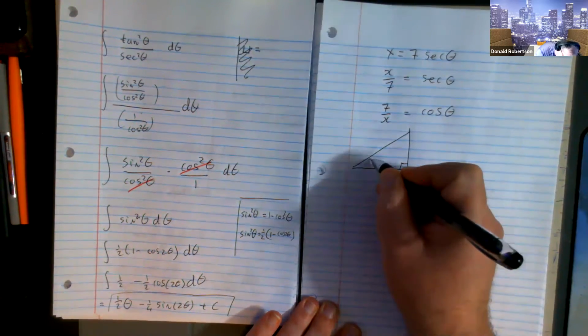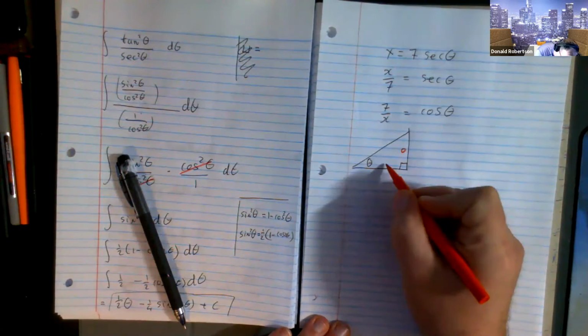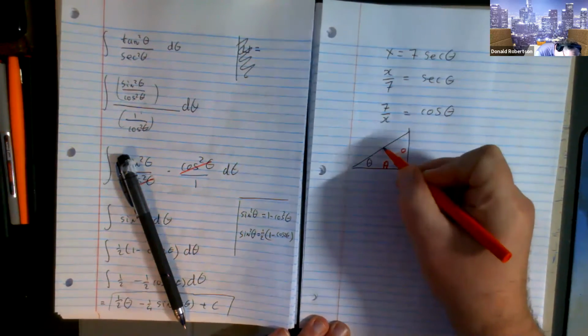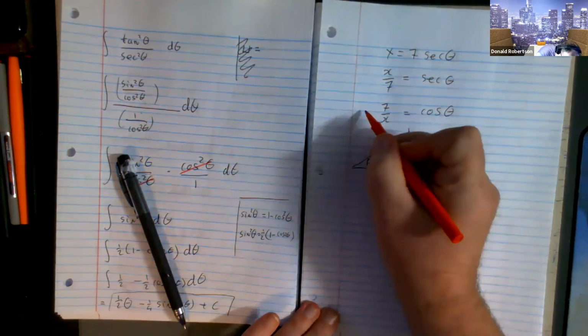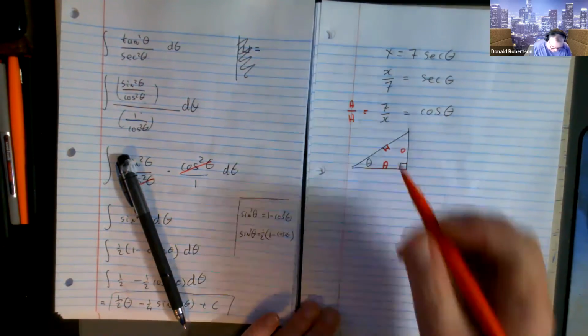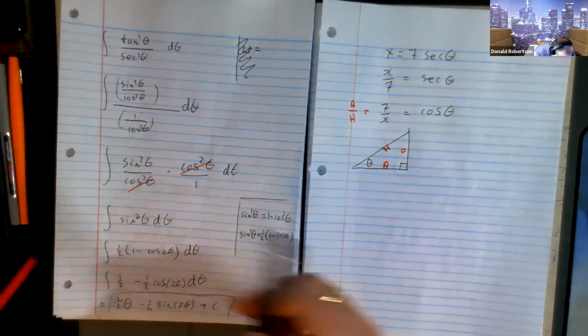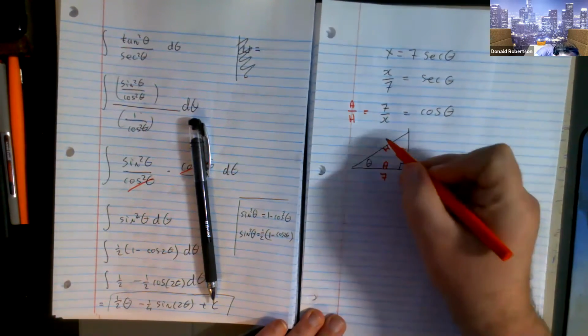We'll make this angle theta. We call this side the opposite. This is the adjacent. This one here is the hypotenuse. I know that a cosine is an adjacent over a hypotenuse. So that allows me to figure out that this is 7 and this is x.